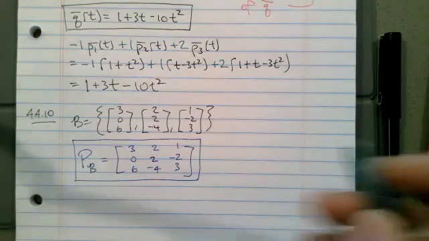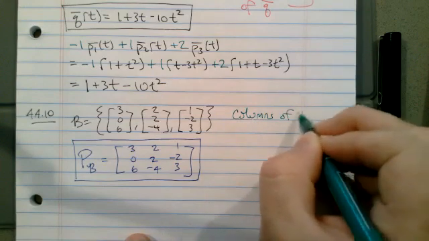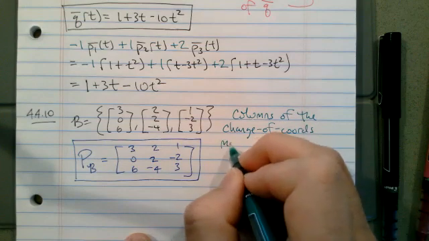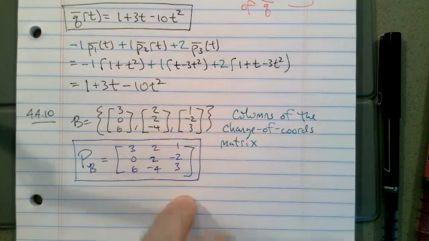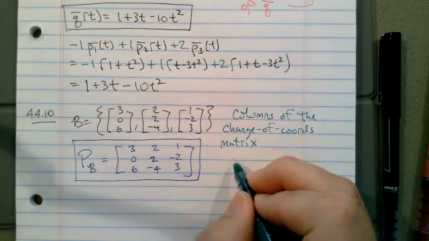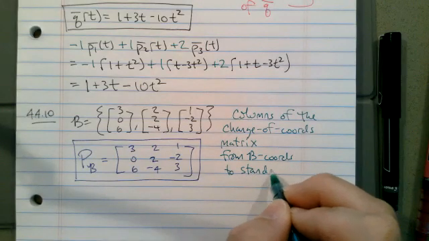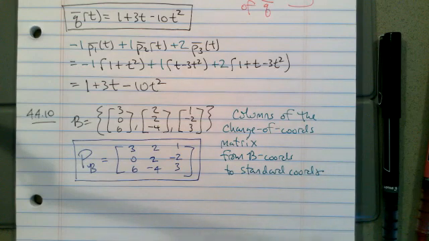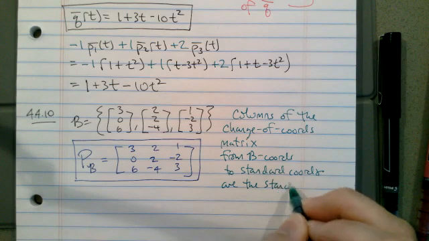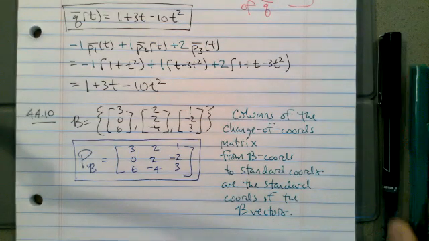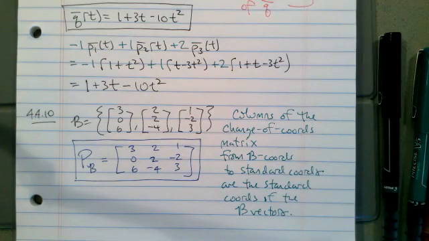Let's write these down. The columns of the change of coordinates matrix from B coordinates to standard coordinates are the standard coordinates of the B vectors.